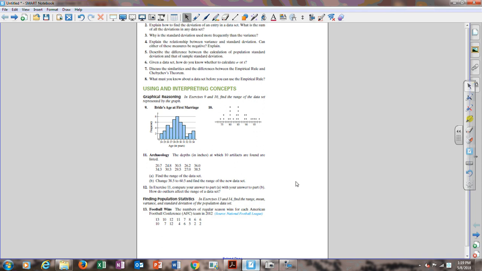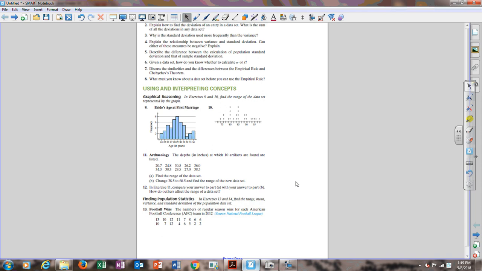Now it wants to know what the range, mean, variance, and standard deviation is. So your mean is 7.56. Your standard deviation, this is going to be a sigma standard deviation.